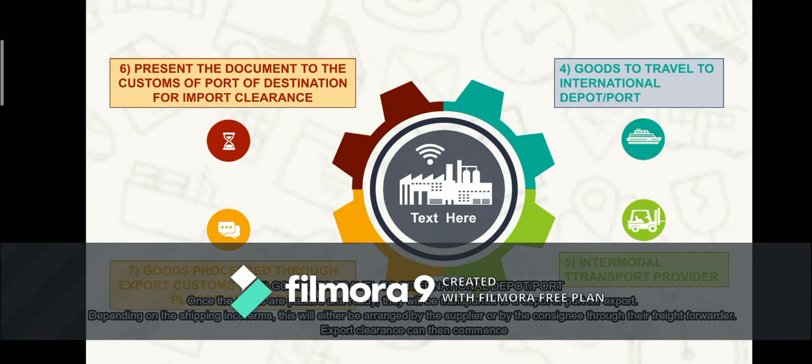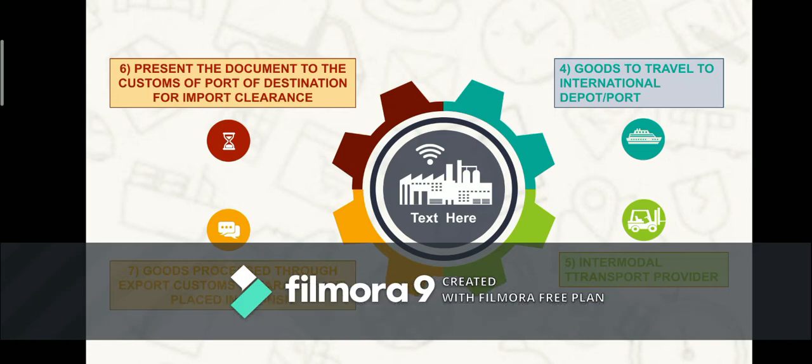When the goods are packed and ready, they will be transported to the depot or port for export depending on the shipment Incoterms. This will either be arranged by the supplier or by the consignor through their freight forwarder. Export clearance can then be commenced.